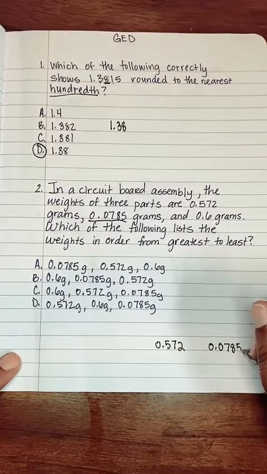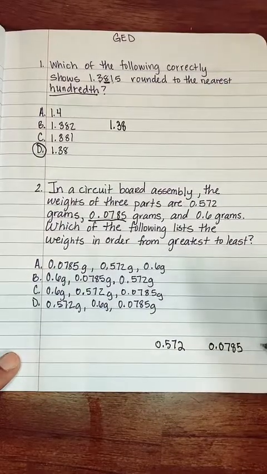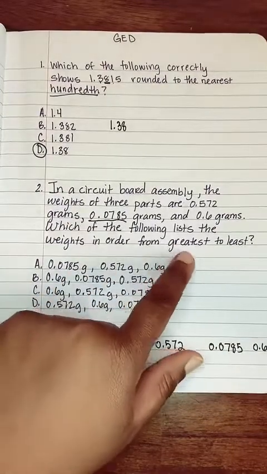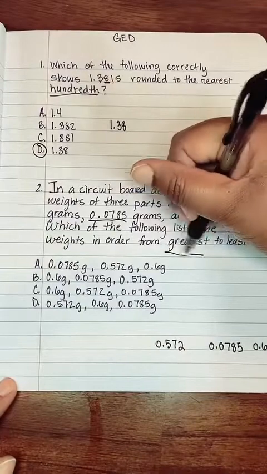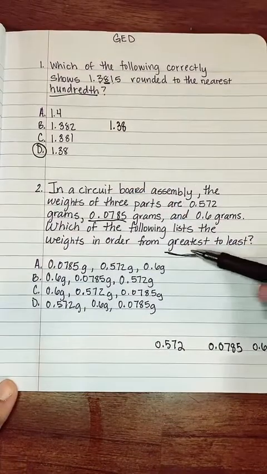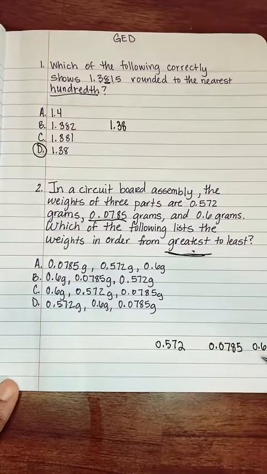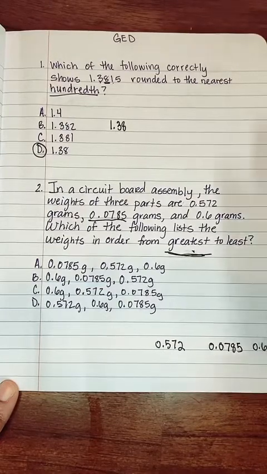This is the trickery part, right? So we want from greatest to least. So we want to start big. So which one of these is our biggest number? Well, our biggest number is this 0.6. Would you rather have 60 cents or 57 cents? 60 cents is greater than 57, so 0.6 is our first one.